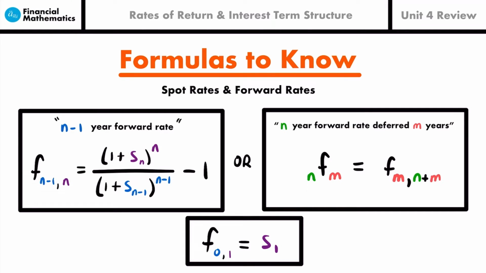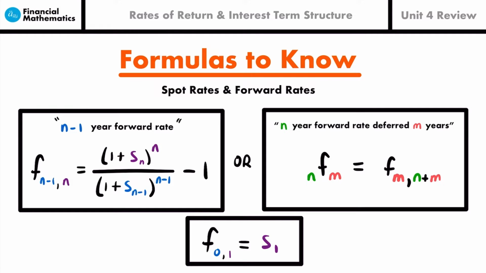So that would be S sub 4. You'd take 1 plus that spot rate to the power of 4, and you would divide it by the accumulation factor for the spot rate for the previous year, which in our example would be S sub 3, the spot rate for a 3-year term. So you would have 1 plus S sub 3 to the power of 3, and then you would subtract 1 from this fraction, and that would get you your respective forward rate.